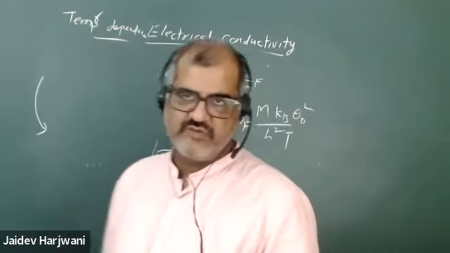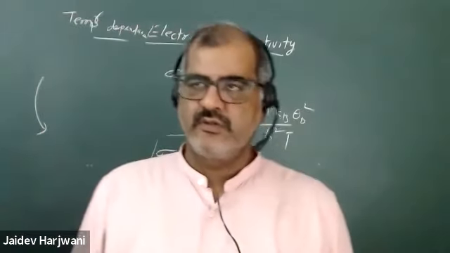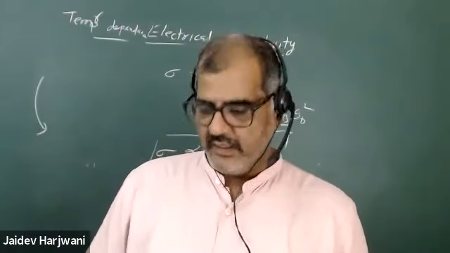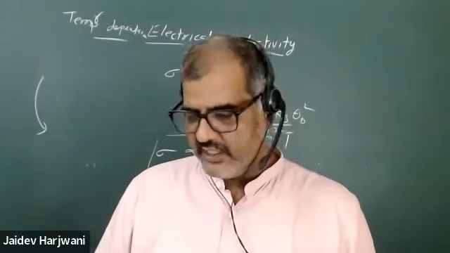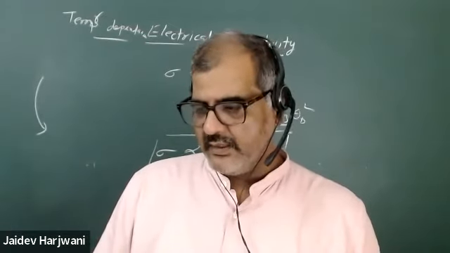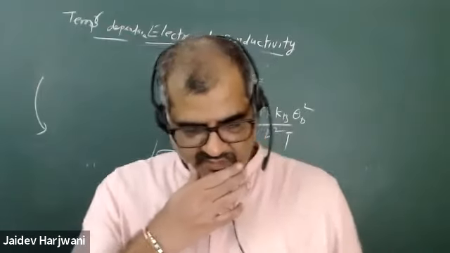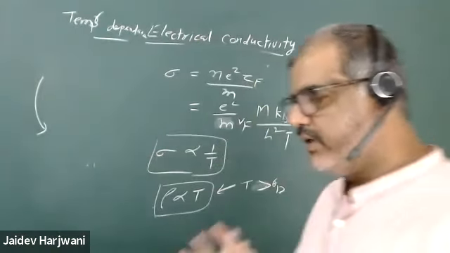And experimentally also we see resistivity is proportional to temperature, while last time in classical theory it was root T. But still, what we are getting is only for high temperature.